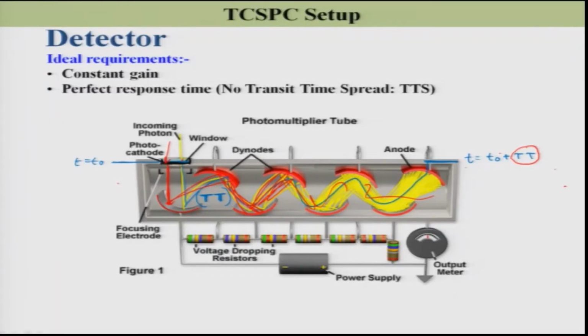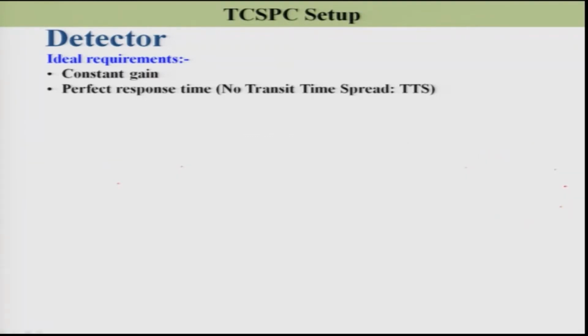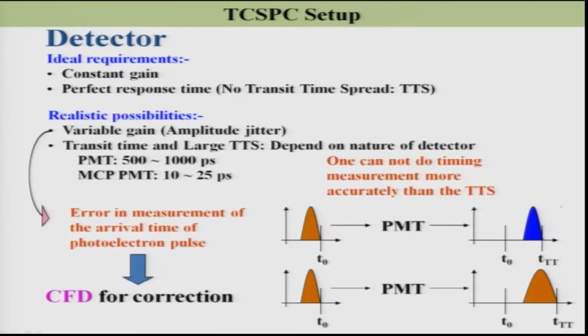That means I have a spread in transit time, which is called the TTS, the transit time spread. Let me try to show you in this slide.